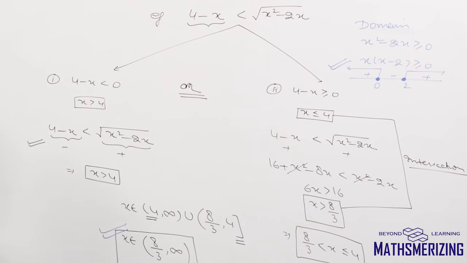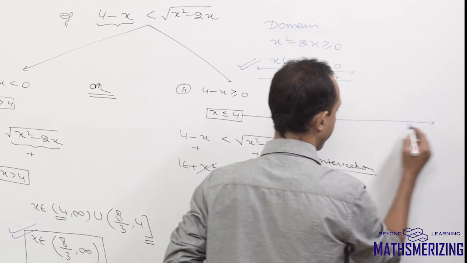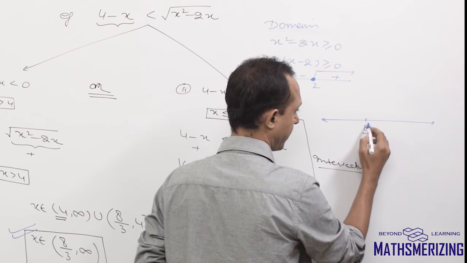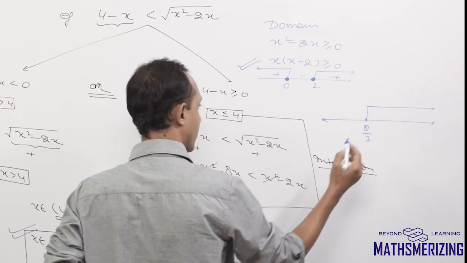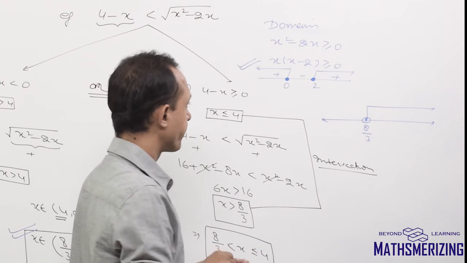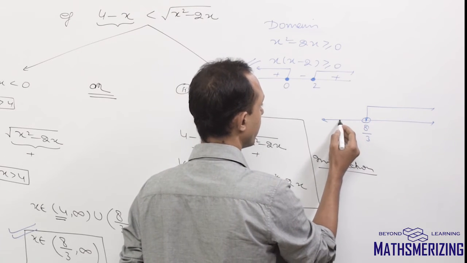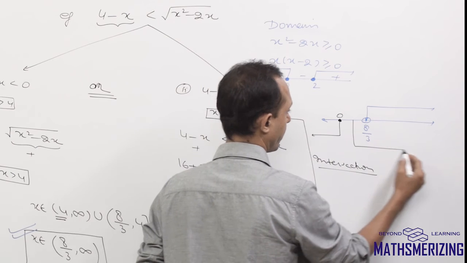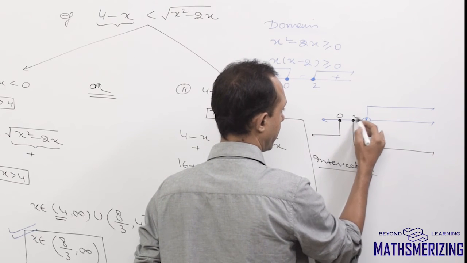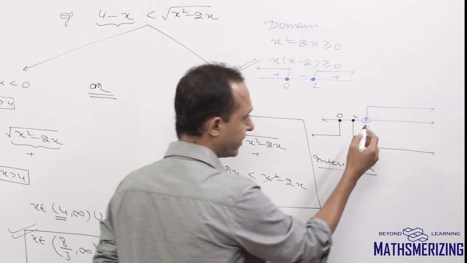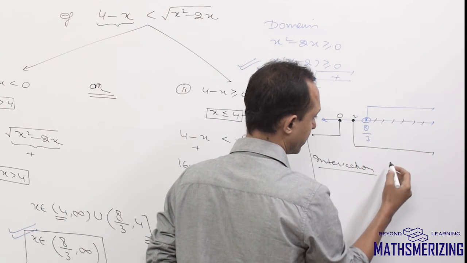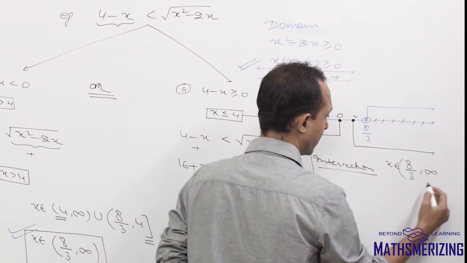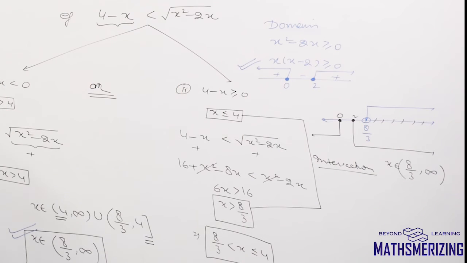So x is from 8 by 3 to infinity, not included, and the domain condition is x less than 0 or greater than or equal to 2. The interval where both exist simultaneously gives x belongs to 8 by 3 to infinity. So, the answer to this inequality is x belongs to 8 by 3 to infinity.